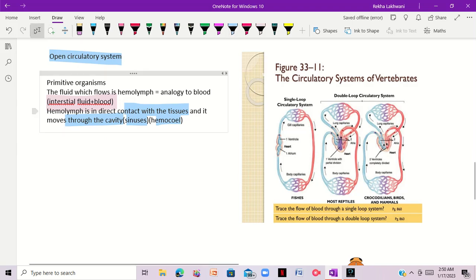The example is arthropoda. Now let's look at the circulatory system of cockroach.